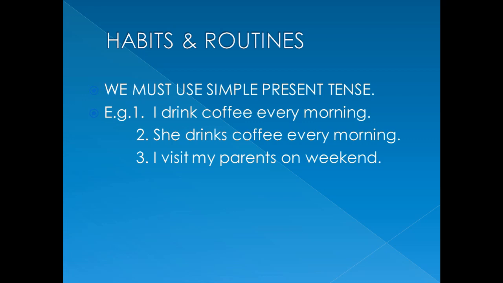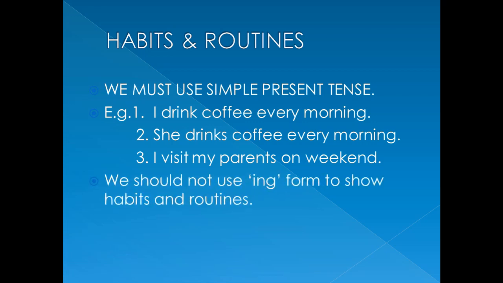This also shows a habit. So you should not use the ing form to show habits or routine. Here you cannot say I am visiting my parents on weekends or I am drinking coffee every morning. That is wrong.